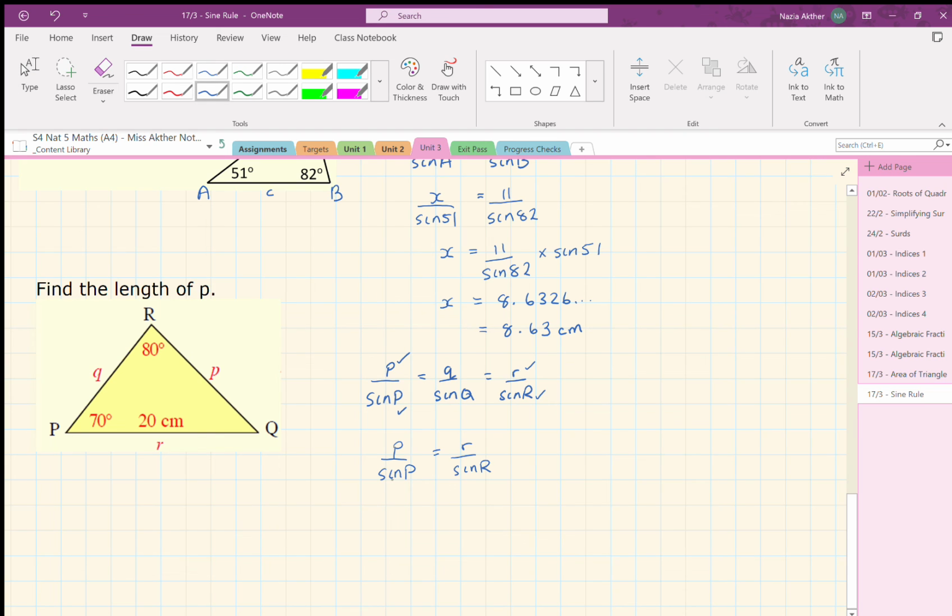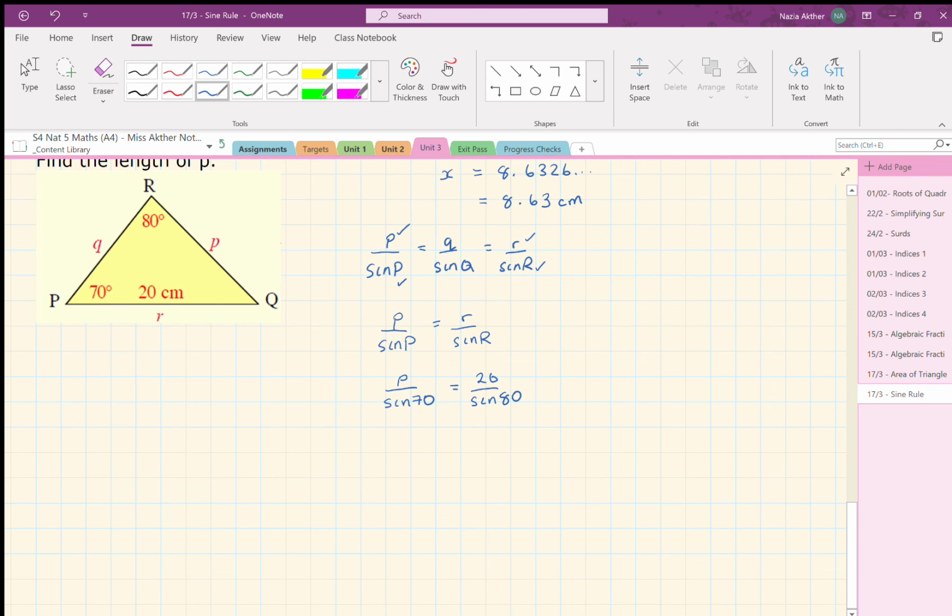Because I'm trying to work out what P is, I've got P here. Angle P is 70 degrees, so I need to work out what sine 70 is. R is 20 centimeters, and then angle R is 80, so we've got sine 80.